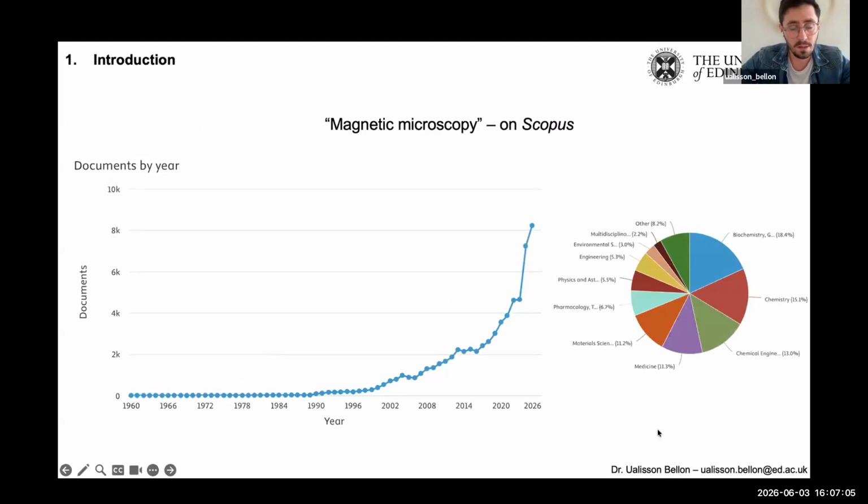So this is just me early this morning looking for magnetic microscopy on Scopus on the Elsevier portal, just looking for all papers published from the 1960s all the way to 2026 and across all areas of knowledge. And as you can see, there has been an increasing interest in magnetic microscopy over the years, especially in the past few decades, across all areas of knowledge.